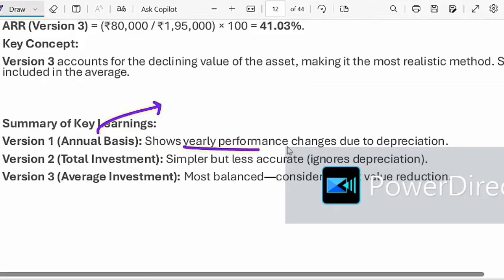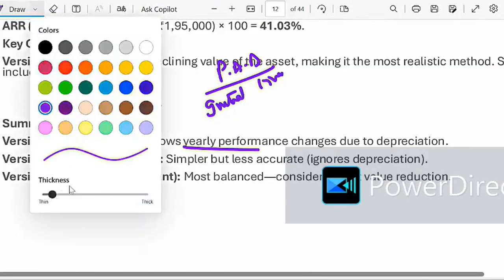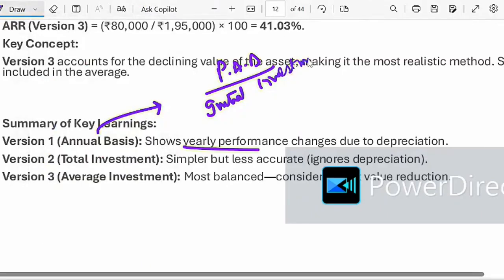It will ask you to calculate what is the ARR over year one, year two, year three. That is called yearly performance. So we write profit after depreciation in the numerator, and we write the initial investment at the beginning of the year in the denominator, multiplied by 100. This is what we use to calculate version number one.